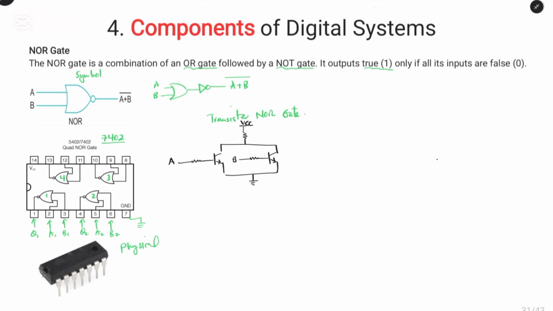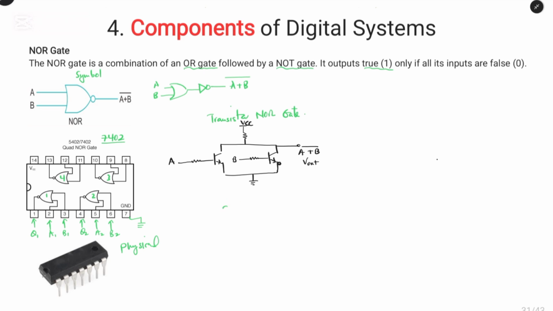So for the OR gate, previously we connected from the emitter of the transistor, and we said that for the NOT case, when we are to invert the signal, we normally connect from the collector. Now this output becomes A plus B bar, which is also described as the V out.